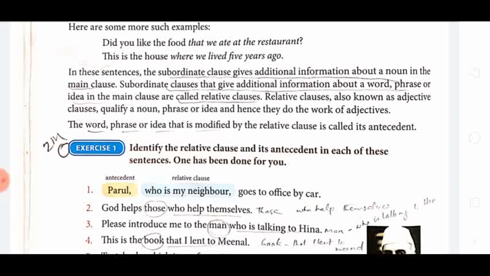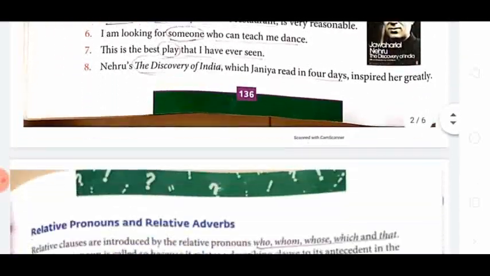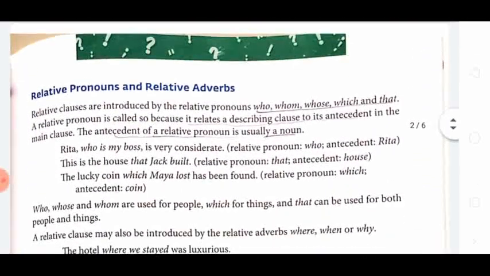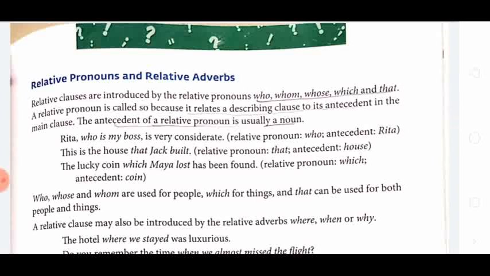The relative clause modifies a word, phrase or idea that is called the antecedent. Here I am going to send you the answer of exercise 1 through the PDF, so don't worry about it. But keep in mind that antecedent means the word, idea or phrase which is modified by the relative clause.